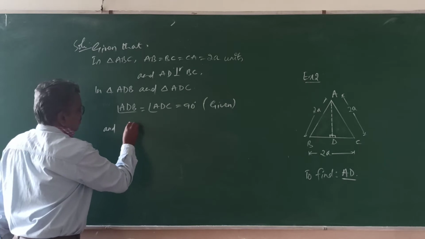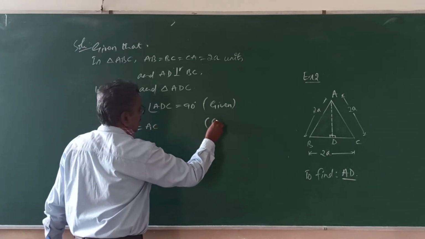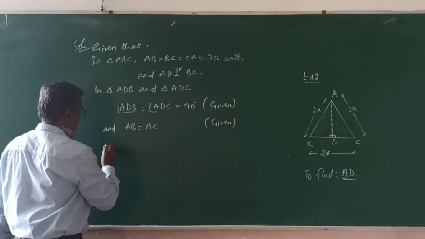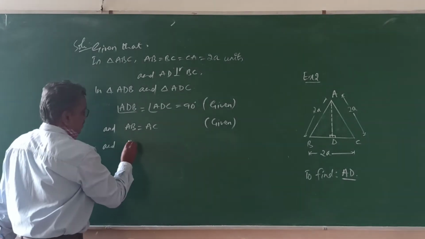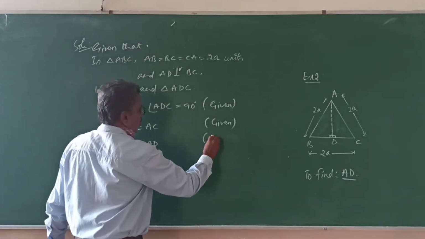And AB is equal to AC, this is also given as the triangle is equilateral. And AD is equal to AD, it is common.